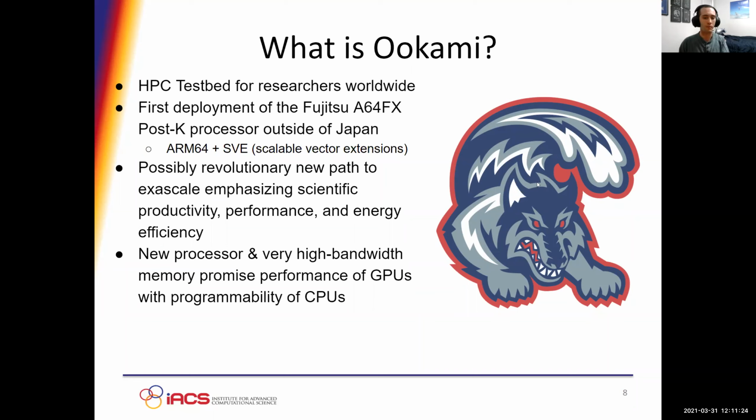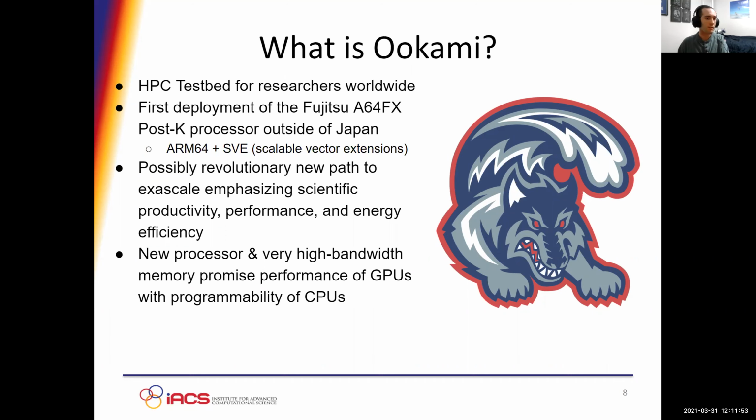It roughly translates to wolf, and it pays homage both to Japan, where the processor originated, as well as to us and our Seawolf mascot. The idea is that not everyone can get an account for, say, Fugaku, or be able to use the world's fastest supercomputer. They can come to Okami and ideally run tests and applications on this new A64FX processor.